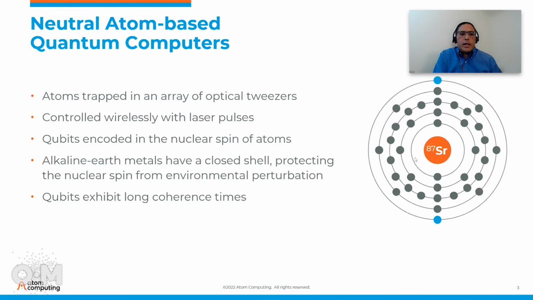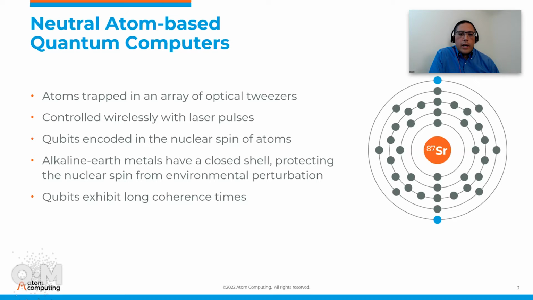So our technology, like other neutral atom companies, uses optical tweezers, so finely focused lasers that hold individual atoms in place so that other lasers can operate on them and control their quantum information. Different from other neutral atom companies, we use the nuclear spin of the atom as our qubit rather than the electron spin.